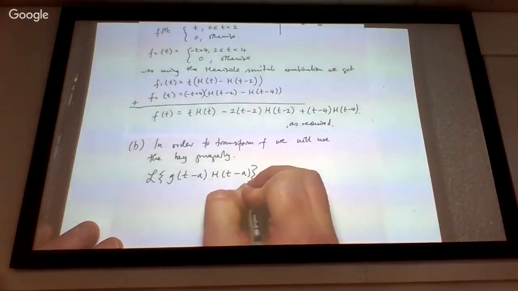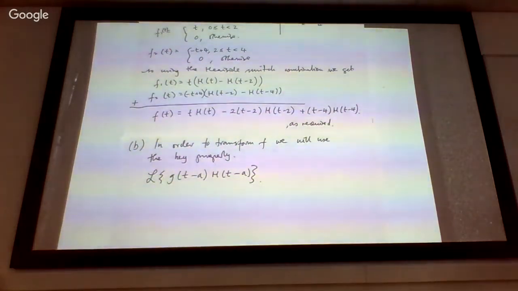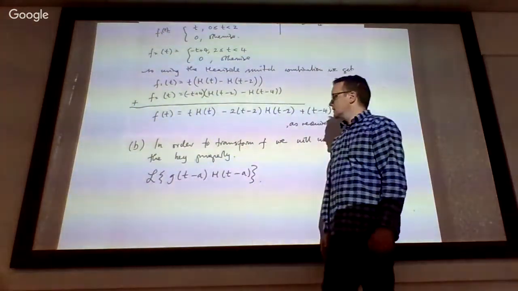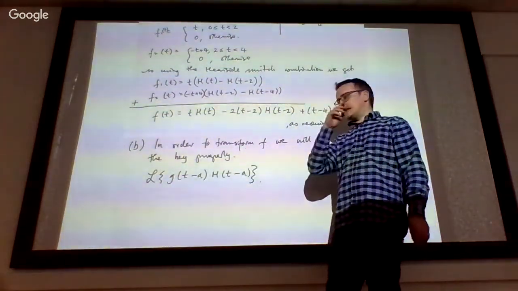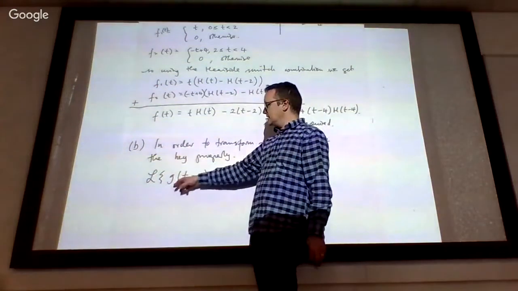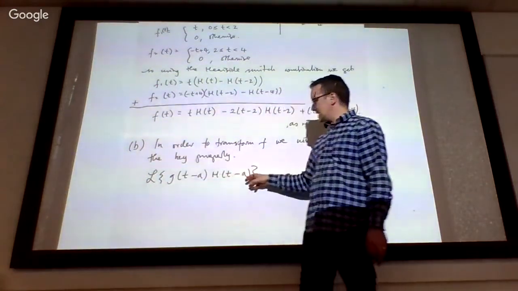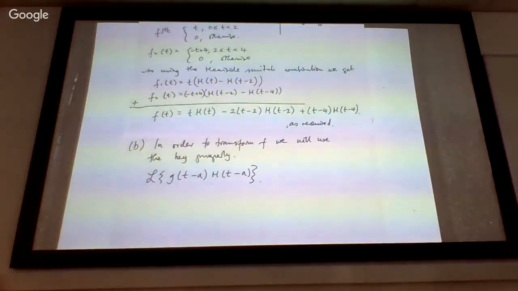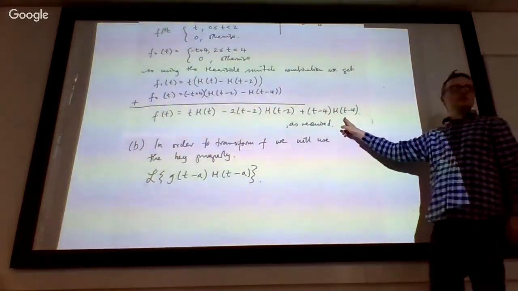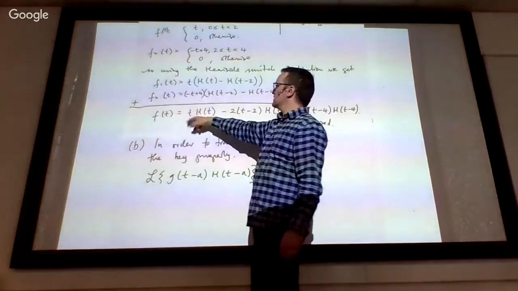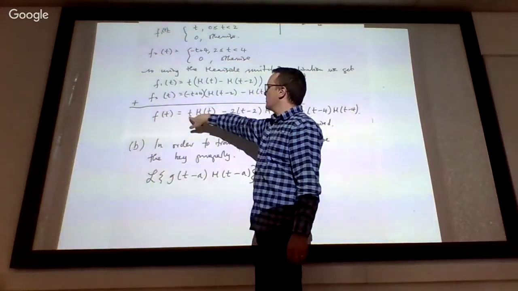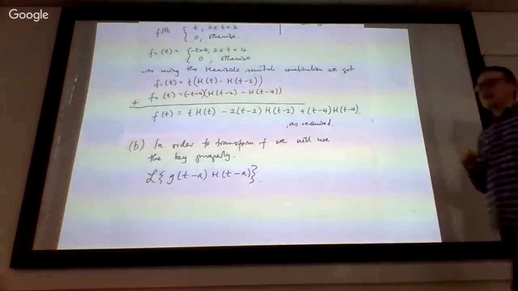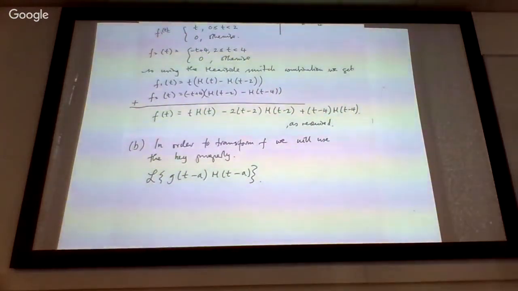It tells you how to transform a product of the Heaviside and some other function, as long as it's set up appropriately, so that both the Heaviside and the other function are evaluated at the same shifted argument, t minus a. And that's indeed the case here. We've got products of functions and Heaviside where both are evaluated at the same shifted argument.